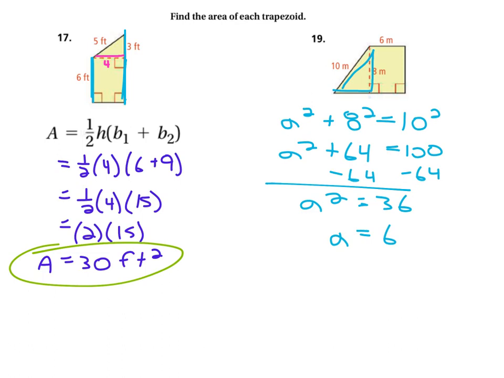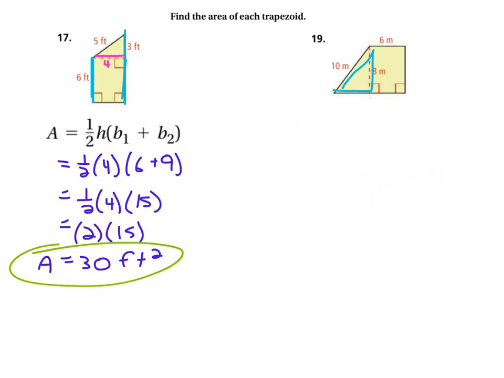And we found out that this length down on the bottom, let me erase all of our calculations first, this length down here on the bottom is 6. And in fact, this is just the 3, 4, 5 triangle scaled up by a factor of 2. That's 3 times 2, 4 times 2, and 5 times 2.